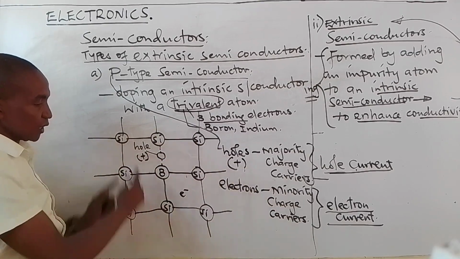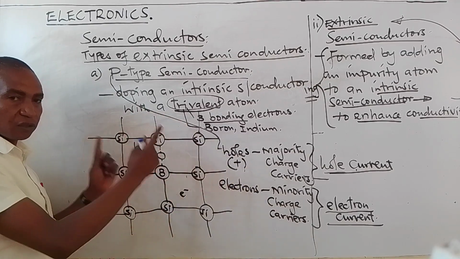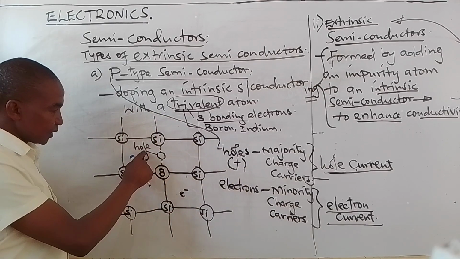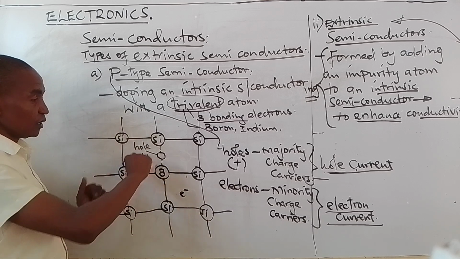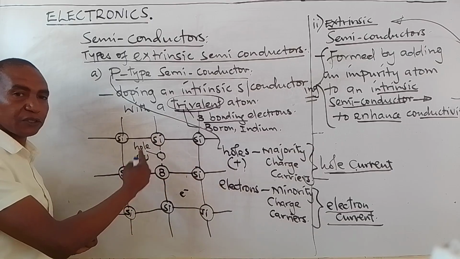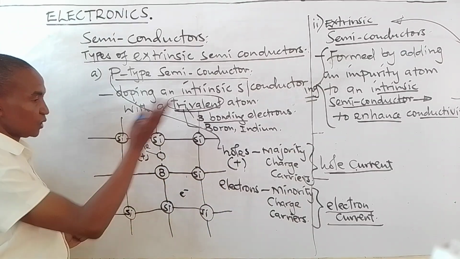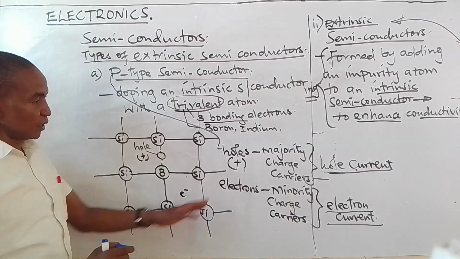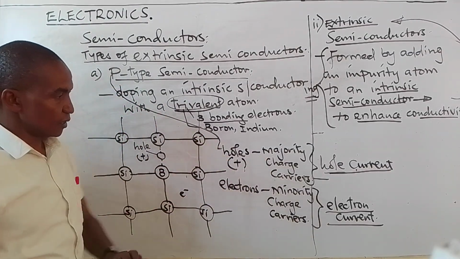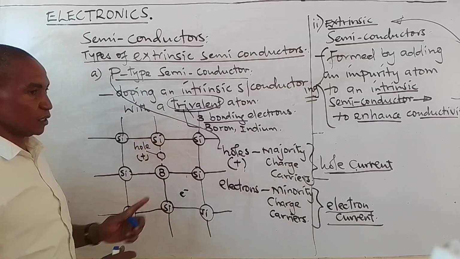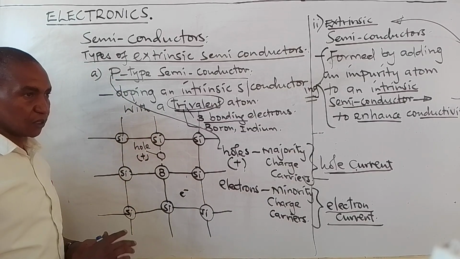The total positive charge is equal to the total negative charge. The fact that we have a hole here considered positive does not mean that we have a net positive charge. The crystal itself is neutral. It is only that holes, which are positively charged, are the majority charge carriers, and that makes it a p-type semiconductor.